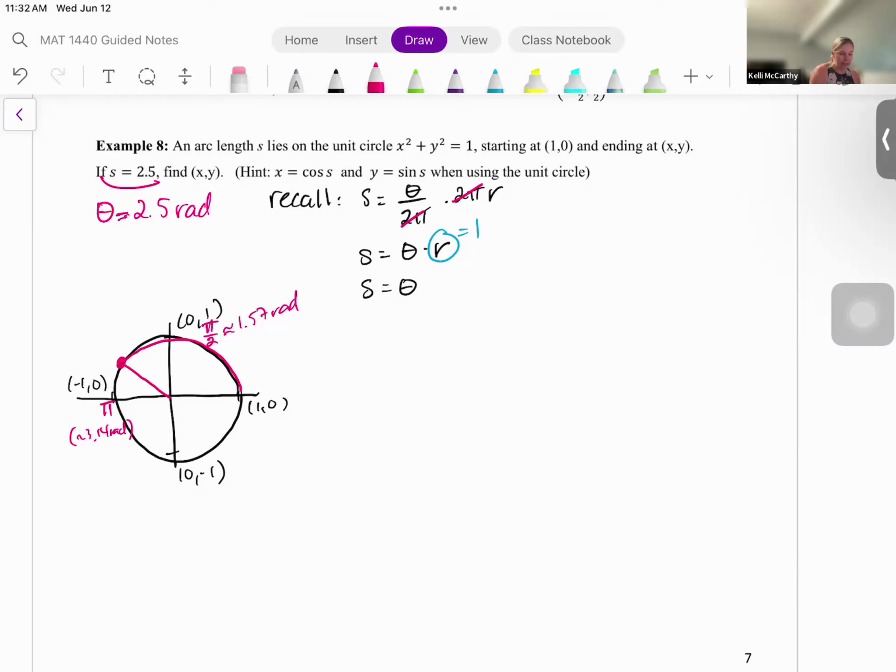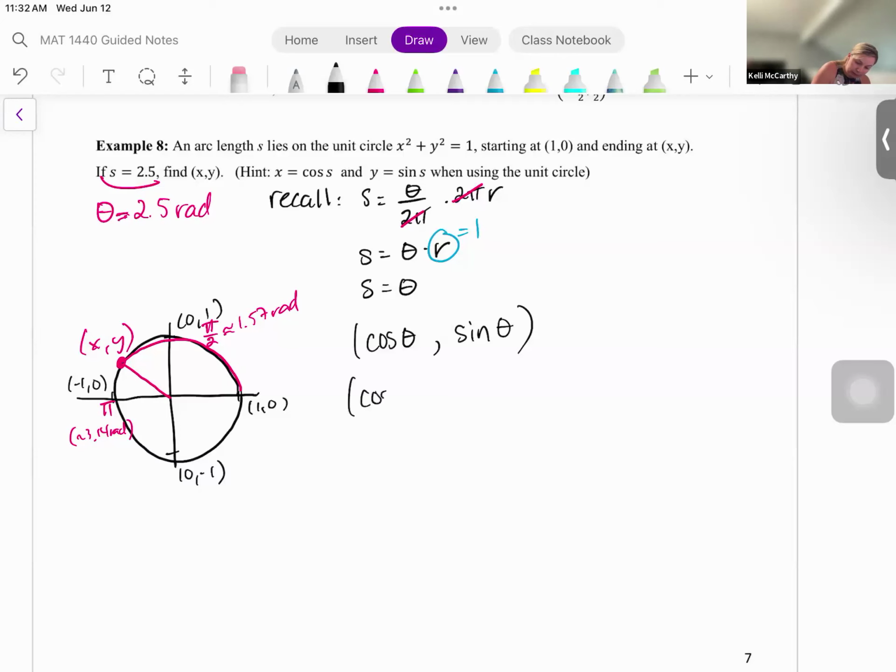So what we're trying to find is this ordered pair (x, y). We know that x is equal to our value of cosine theta and y is equal to our value of sine theta. And we know theta is the same as our arc length. So this is going to be cosine of 2.5 and sine of 2.5.